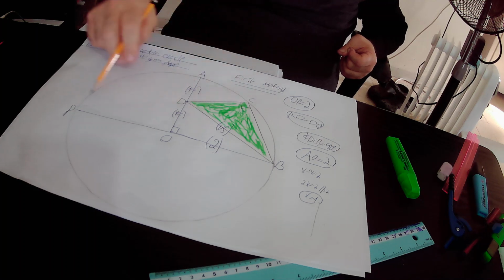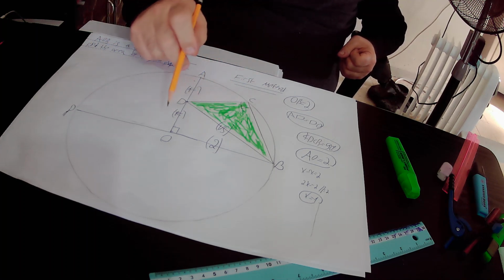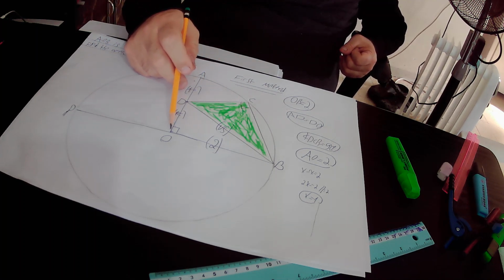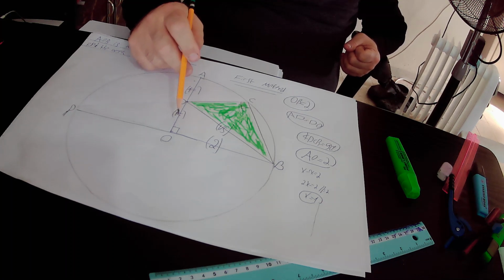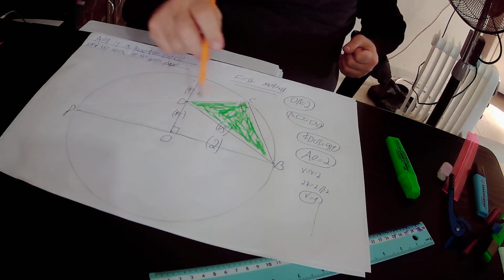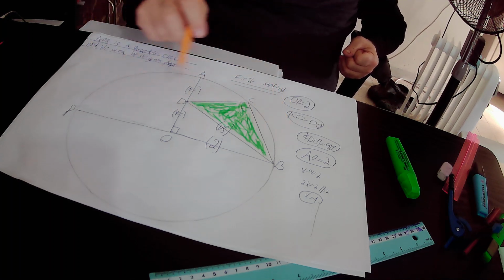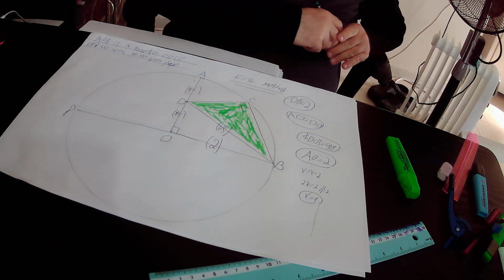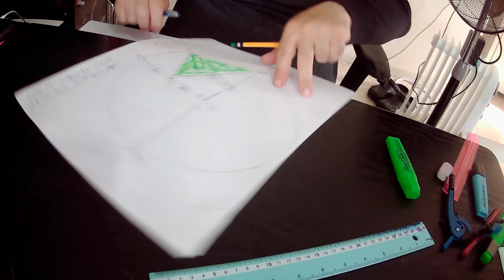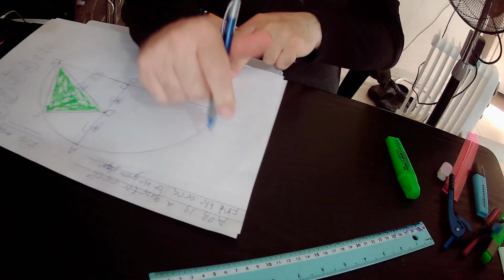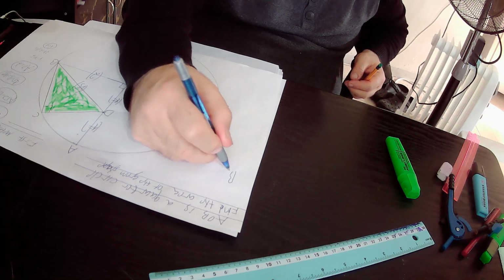So BP is a chord that passes through point O, that is the center of the circle, and we know that any chord that passes through the center of the circle must be the diameter of the circle. Therefore, BP is the diameter of the circle. So write it down.